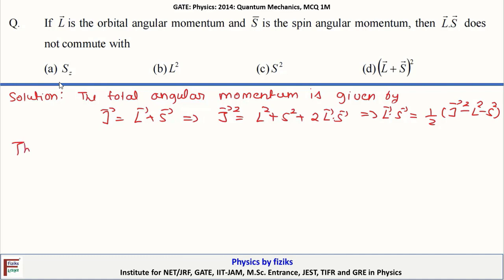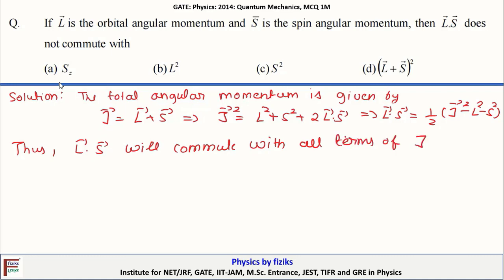Thus, L dot S will commute with all terms of J, but not with Sz.